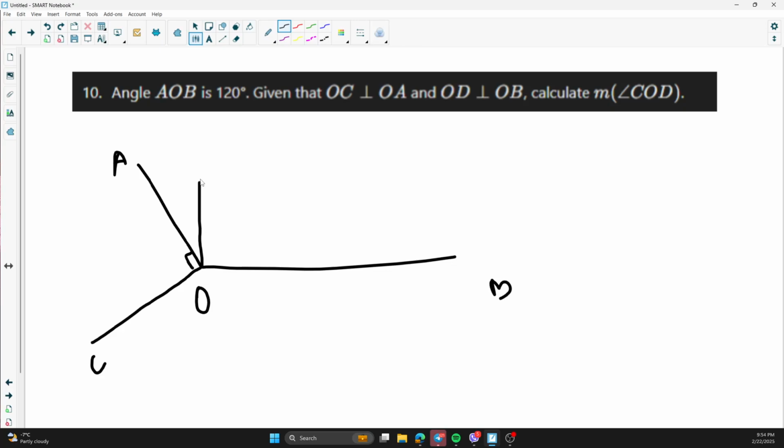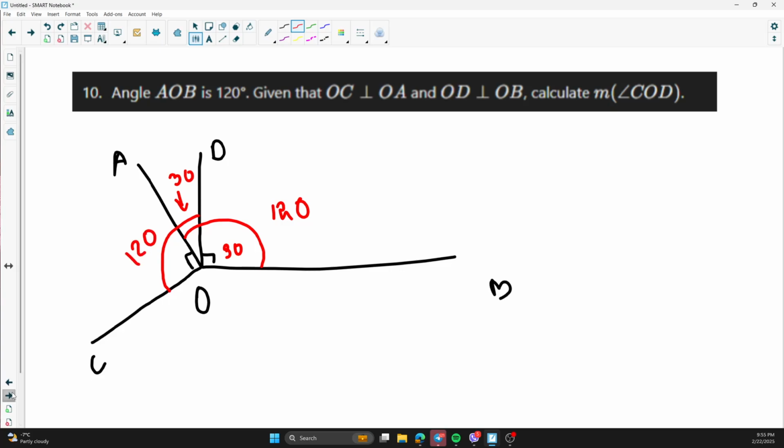So we know that AOB, from A to O to B, is 120, and since OC is perpendicular to OA, this one is 90, and this one is going to be 30, which means that this entire angle will also be 120.